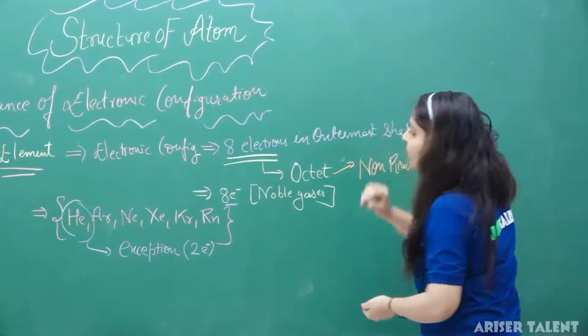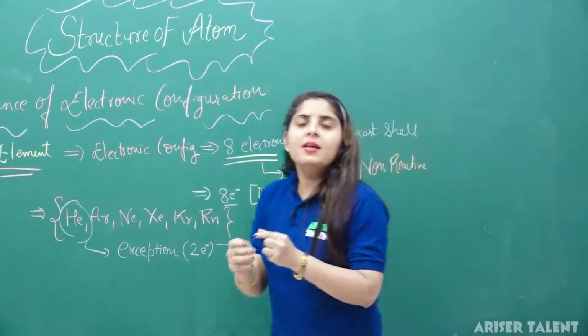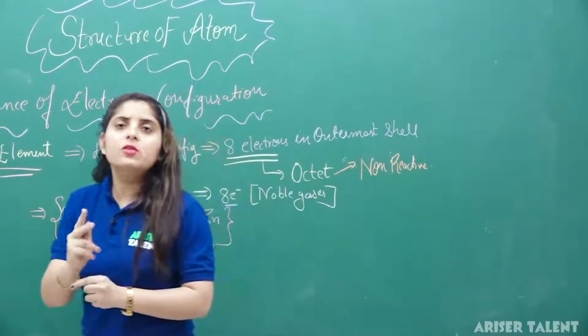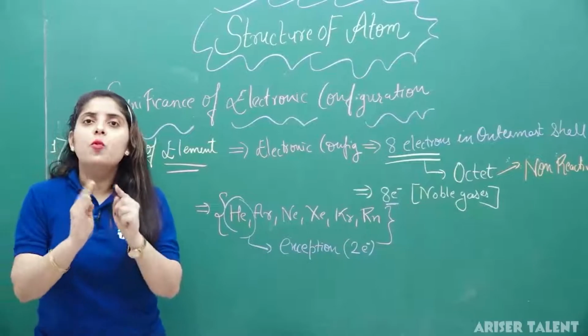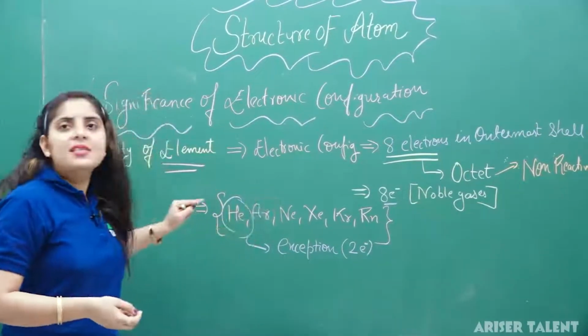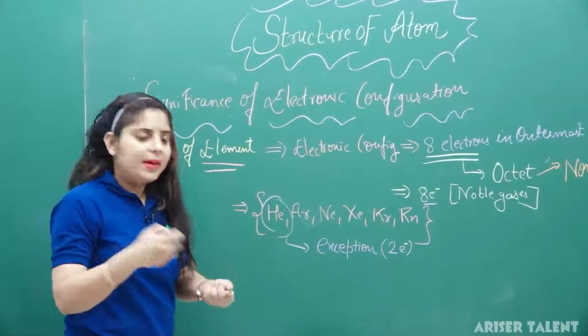So, noble gases are generally non-reactive, right? Now, if an atom has 2 electrons in the outermost shell, its quota is fully complete. So, we can say that the atom has a duplet.